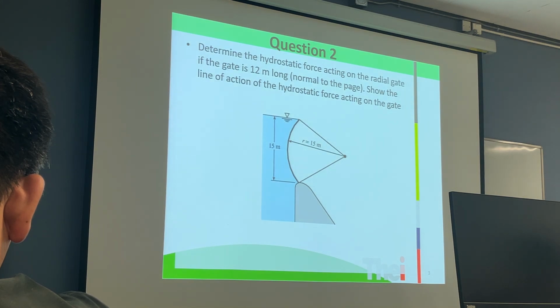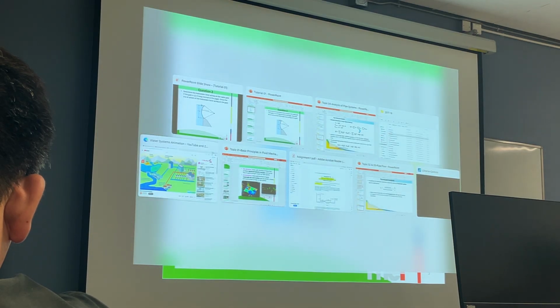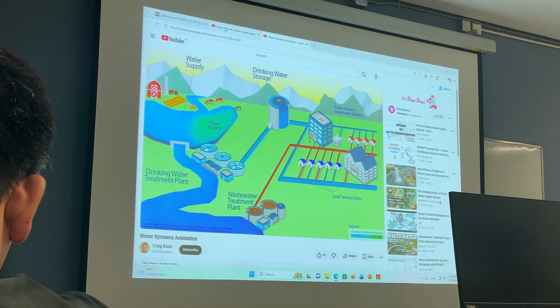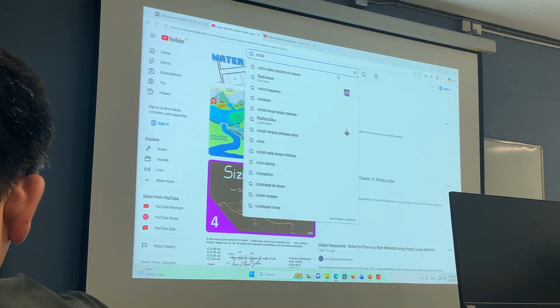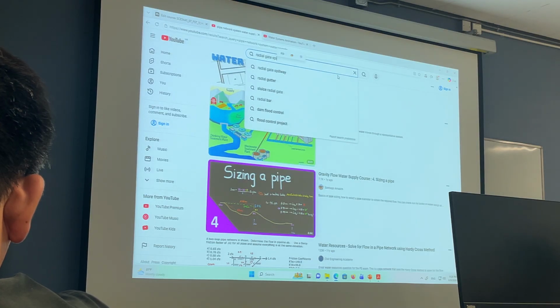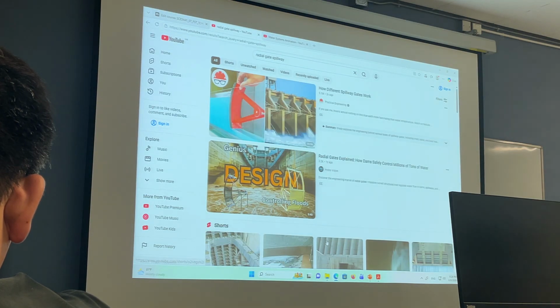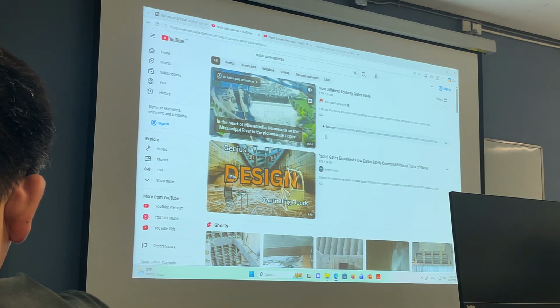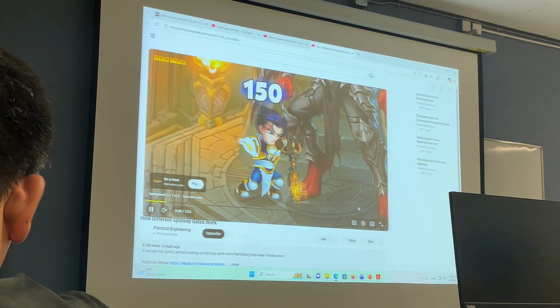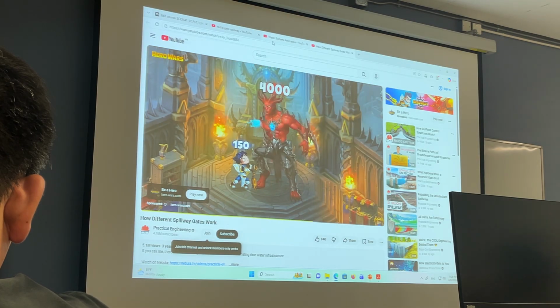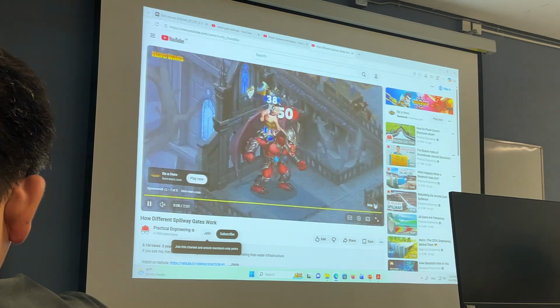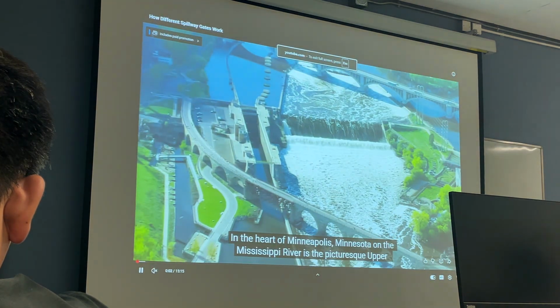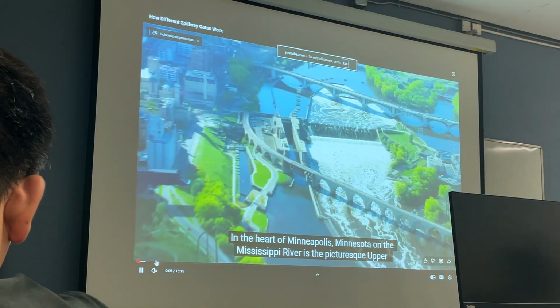Now, the radial gate is a kind of device controlling the water levels in the reservoir. It is a kind of reservoir spillway. A spillway is a setup to maintain the water level at a healthy level for the reservoir.